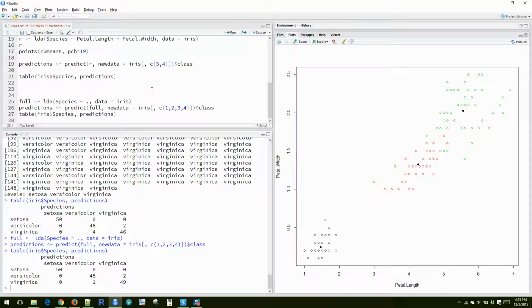I know I didn't really get into the theory too much. It tries to estimate the density, and a lot of times it places kind of a normal density assumption upon our data, or at least an assumption of constant variance across the groups, and based on that, it creates predictions here.